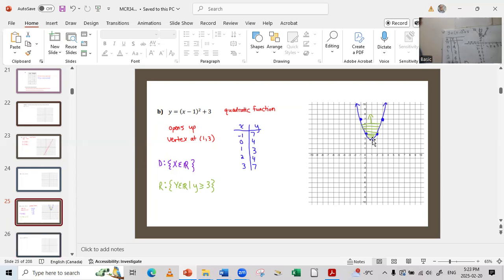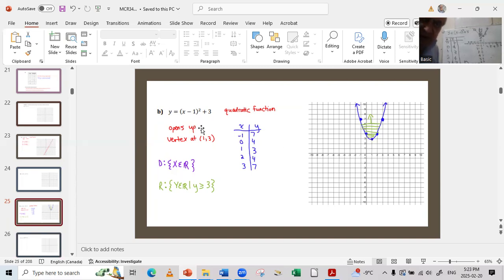And I will show it right now on the graph. The vertex at the point 1 and 3, here it is. So here 1 and 3, the bottom of the curve.